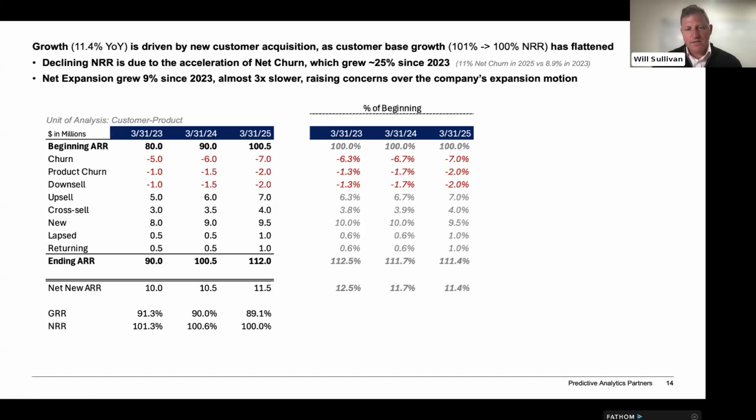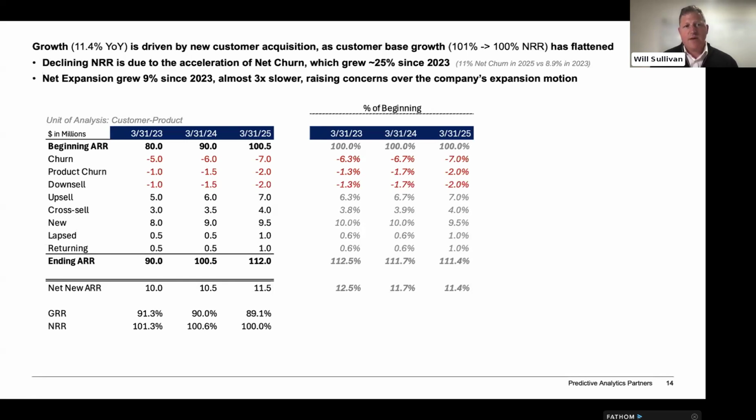And the synopsis on this, which would go into an MBR or be delivered to a buyer, I'm just going to read the screen here. Growth is driven by new customer acquisition as customer base growth has flattened. Declining NRR is due to the acceleration of net churn, which actually grew 25% over the last 2 years.